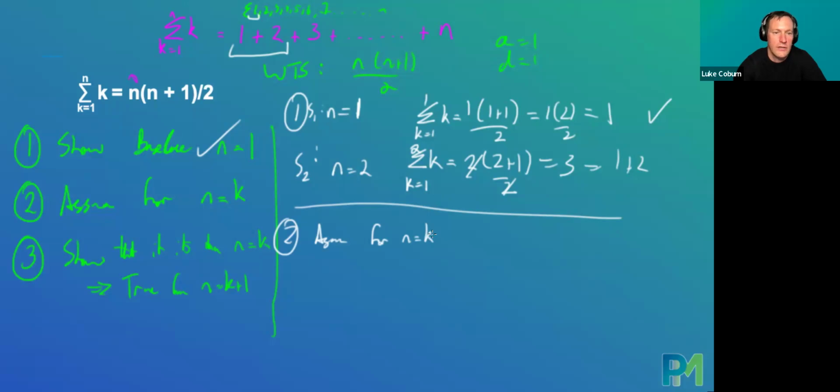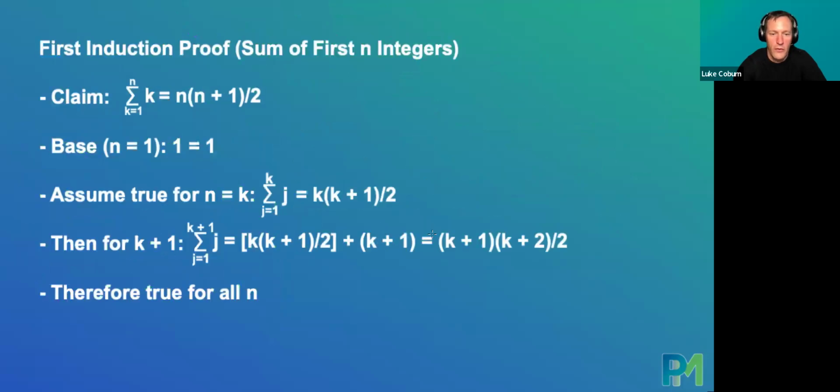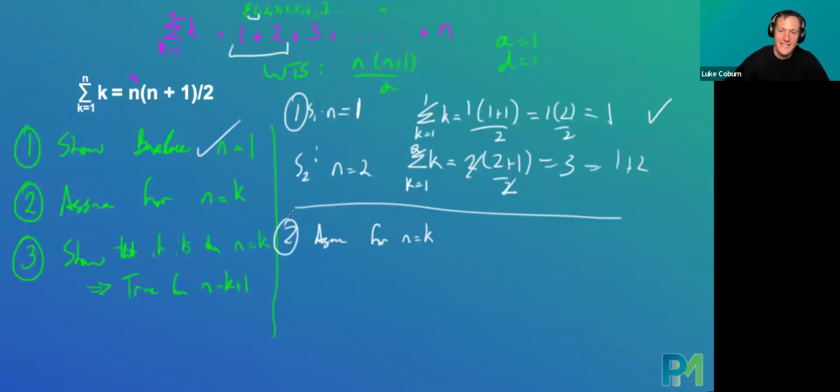Could we change our notation? I don't want to confuse you, which is why I'm pausing. See that we're introducing the j now? We're only doing this because j is equal to 1 to n of k. Is it? No, sorry. What is it? j is equal to 1 to n of j.